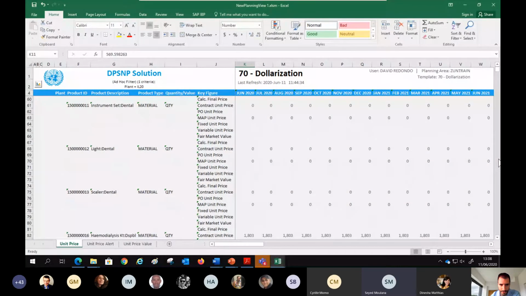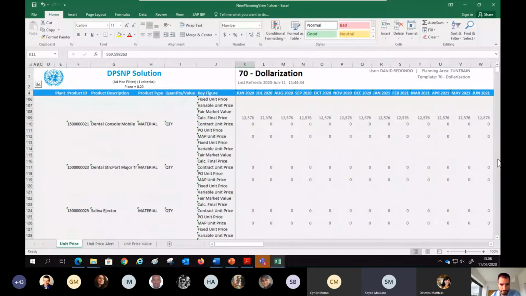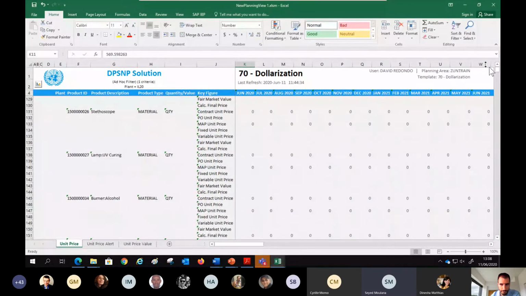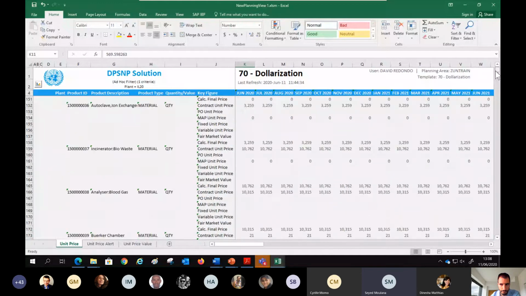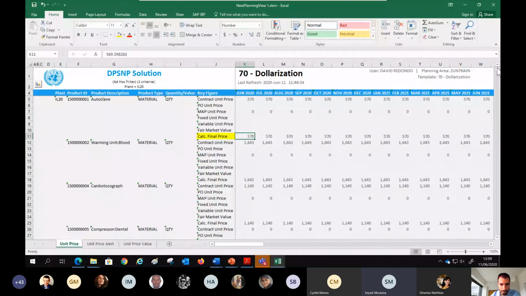Sorry, David. Even if you have this contract price and PO price history of data for 3 years, will the planner have the ability or the discretion to override it and enter a fair market value price there?